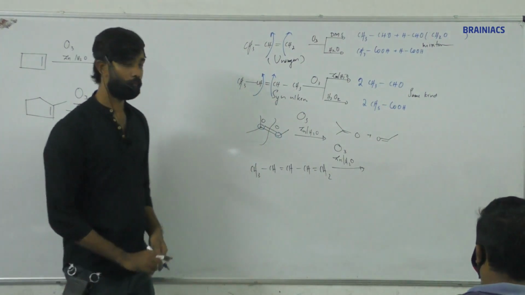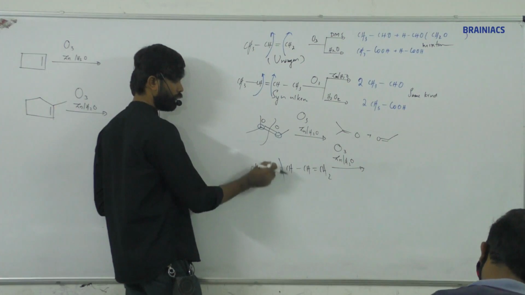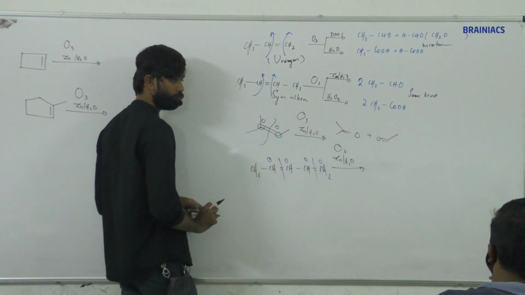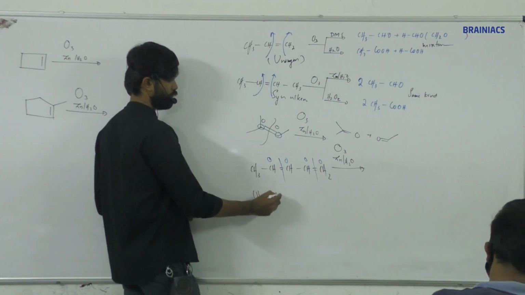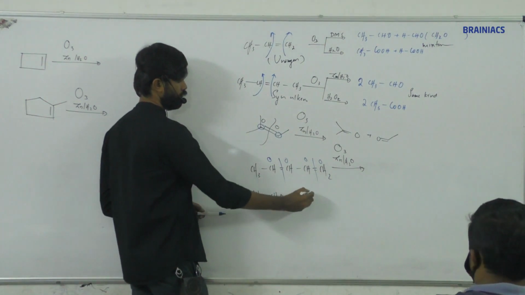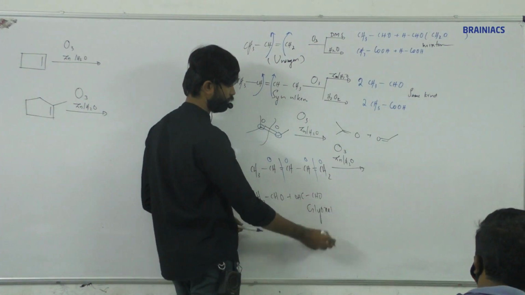Ready. If there is more than one unsaturation, cleave each one. So CH3CHO plus CHO, CHO, which is already written, glyoxal.